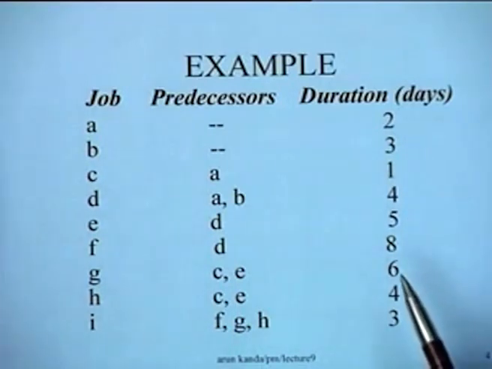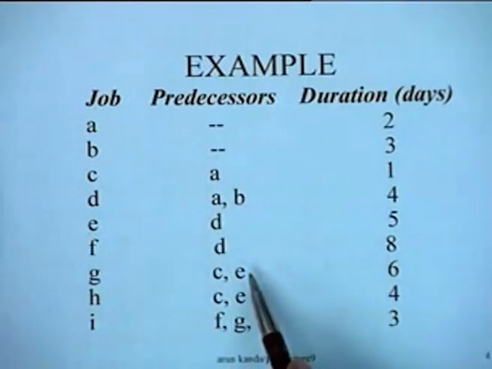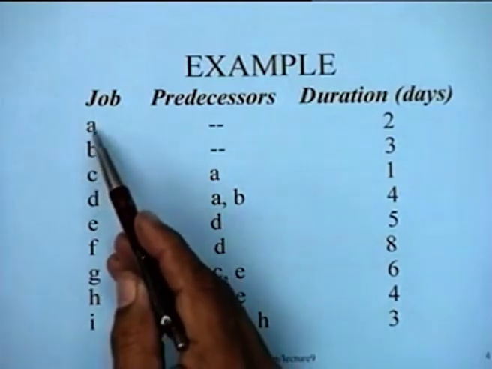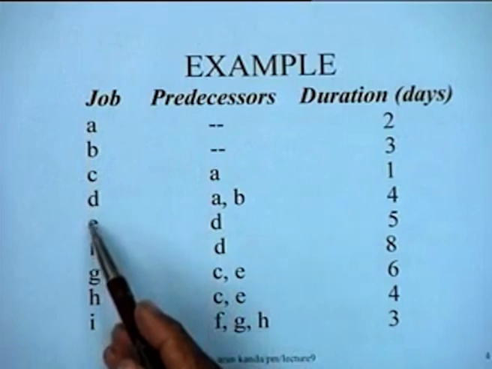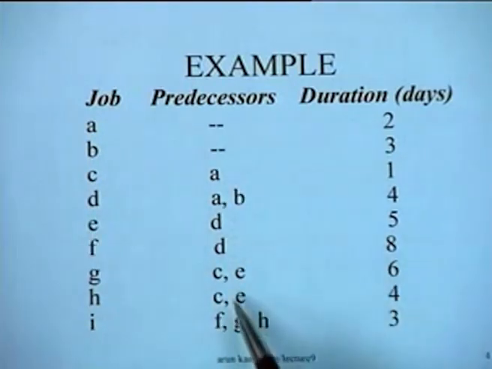Now you know that from the predecessor information we can in fact draw the AON network without any difficulty, because there would be a node corresponding to each job, and the predecessor relationships would be shown on the network by means of arrows.